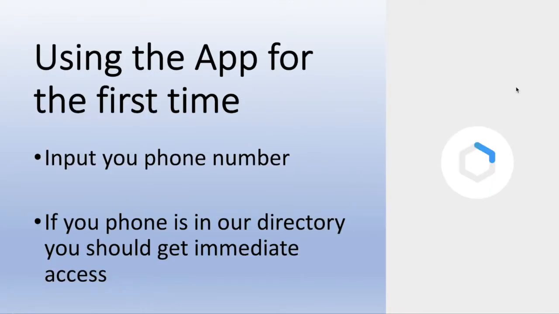And then, of course, the first time you're going to use the app, you're going to see this nice little loading symbol. It'll start to fill in and go around, and you'll be invited to put in your phone number. Now we've uploaded your phone numbers and some basic directory information. So when you log in and input your phone number, it should link you directly to your information, and it will also verify that this is your phone number.